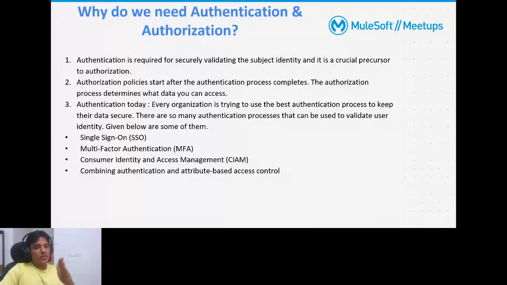Once you enable MFA, after username and password authentication, the website sends an authorization code to your mobile or contact number you configured. You need to provide that code, and only then are you 100% authenticated. That is what happens in MFA. And then we are talking about CIAM, right?